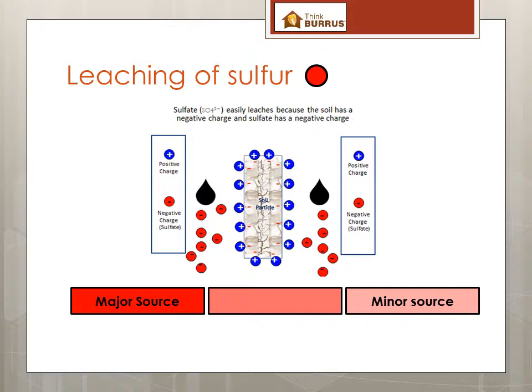So they just sit there. And when water comes along, we have a situation set up for loss because sulfate is not being held by the soil itself because of that negative charge, and the fact that so much sulfur gets converted over to sulfate. You begin to understand why leaching is such a major pathway for loss.